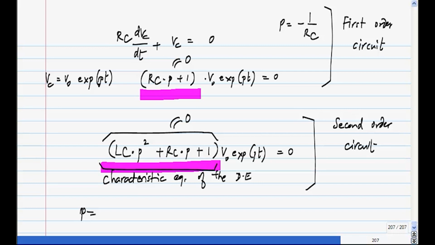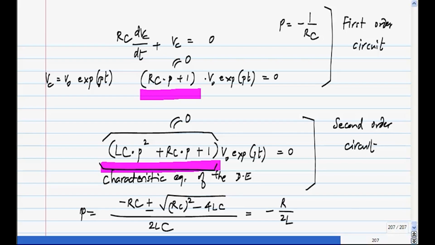We get the standard solution to the quadratic equation, which is minus Rc plus or minus square root of Rc squared minus 4 times Lc, divided by 2 times Lc, which can also be written as minus R by 2L plus minus square root of R by 2L whole squared minus 1 by Lc. Okay. So you can write it in either form.